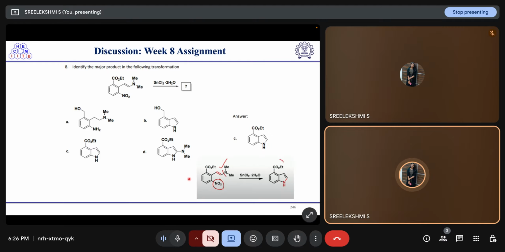So here, in the presence of SnCl2, this group will be leaving, and then the cyclization will happen to form this compound. So the correct answer is option C here.